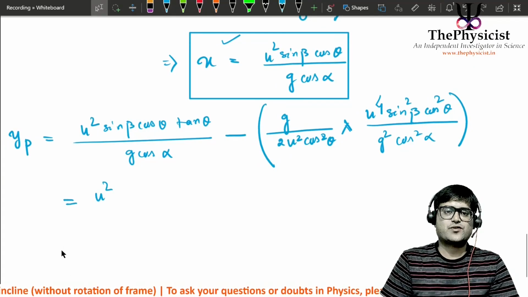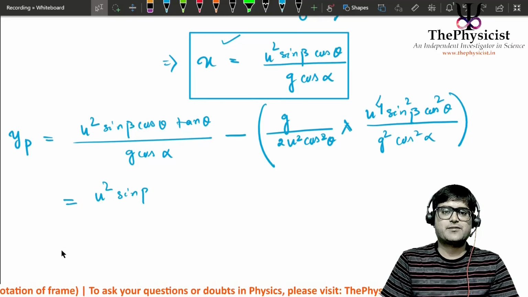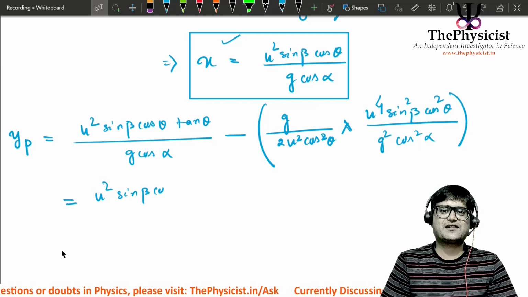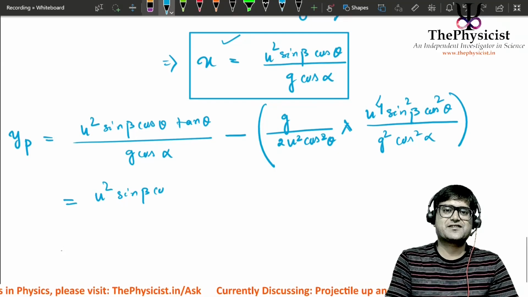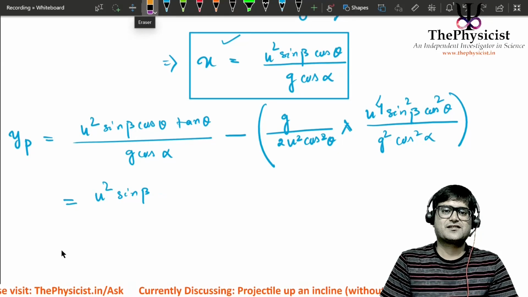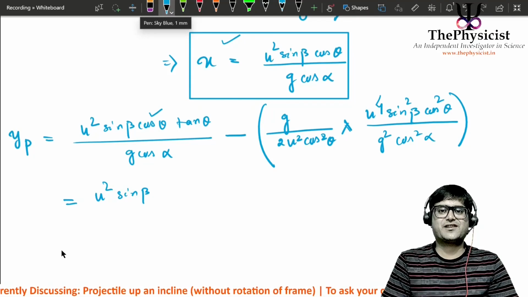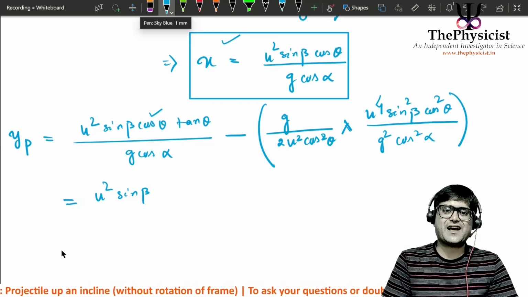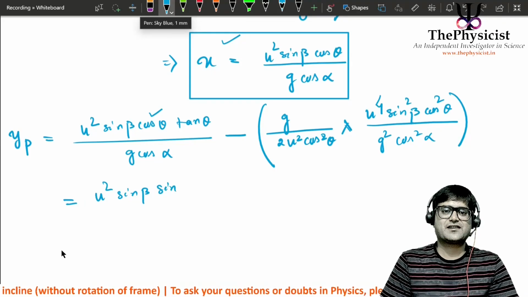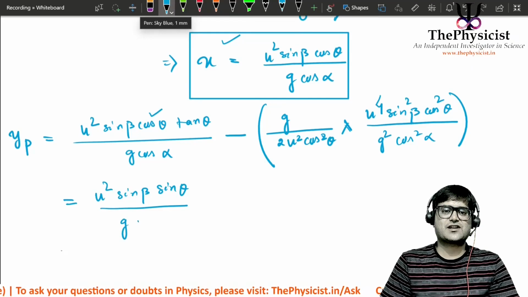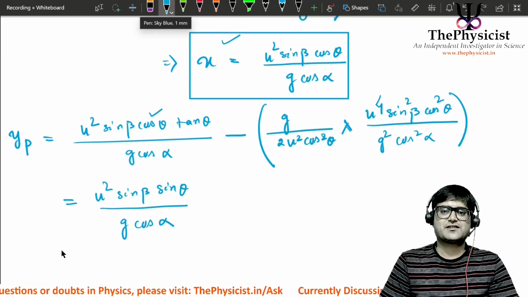So it's u squared sine beta cos theta tan theta, it's simply sine theta, isn't it? Cos theta times tan theta is sine theta, right? Divide that with g cos alpha as it is, minus.